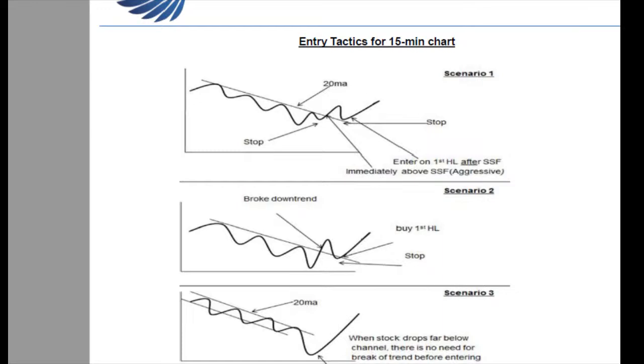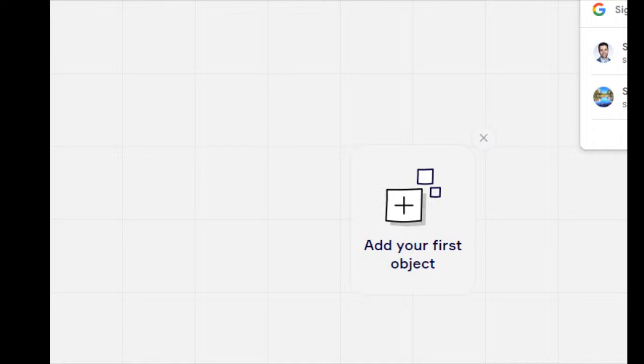This is an ugly whiteboard, I don't like it, but let's do this one right here. It's good enough.